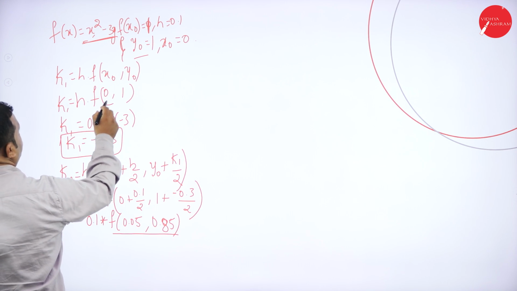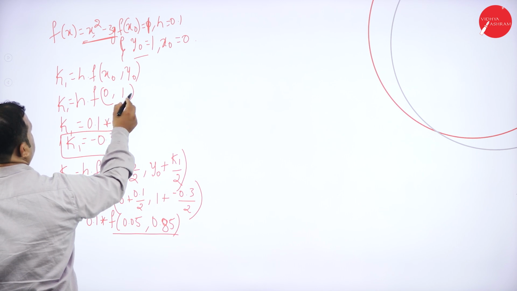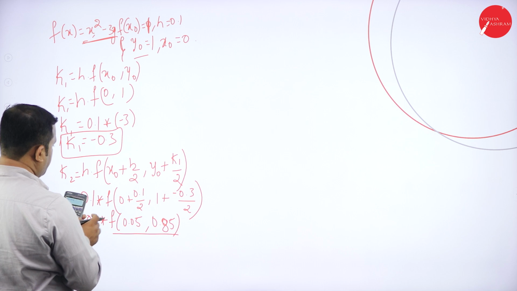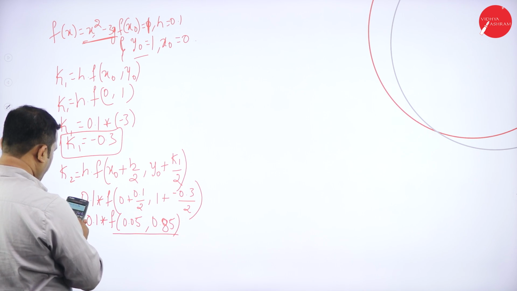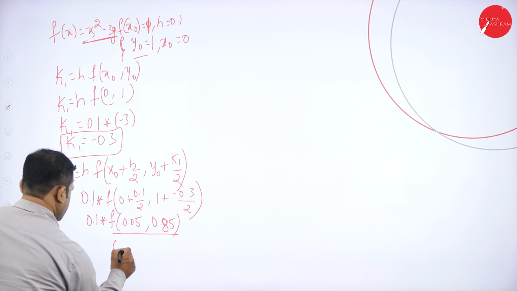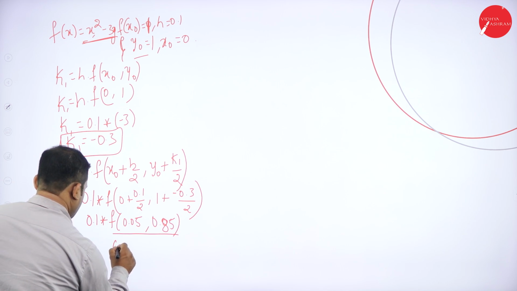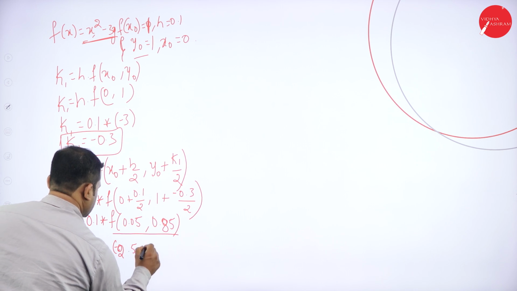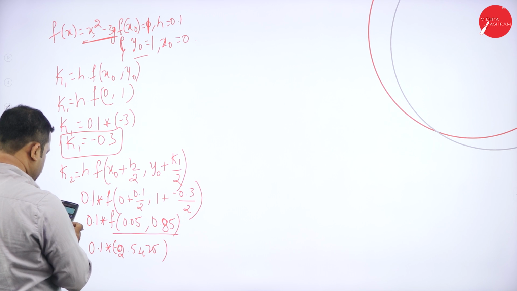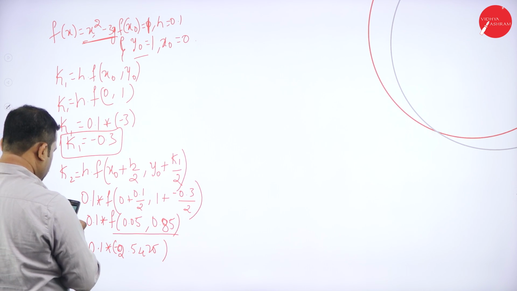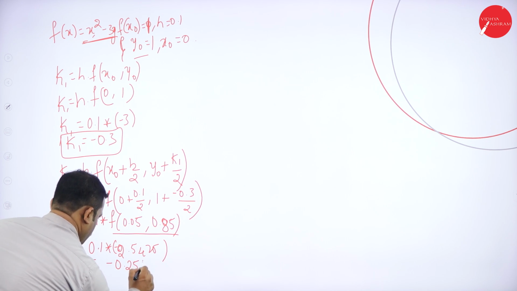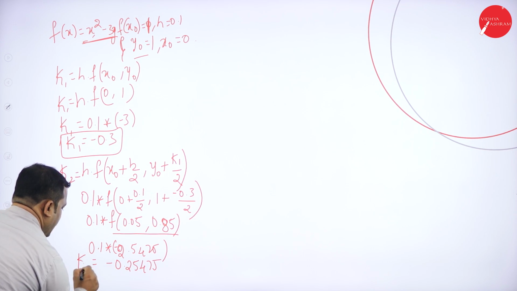So 3 into 1 is minus 3, which is of course correct. 3 into 0.85 minus 2.5475. 2.5475 is the value, and this should be multiplied by 0.1. That gives minus 0.25475. This is the value of k2.